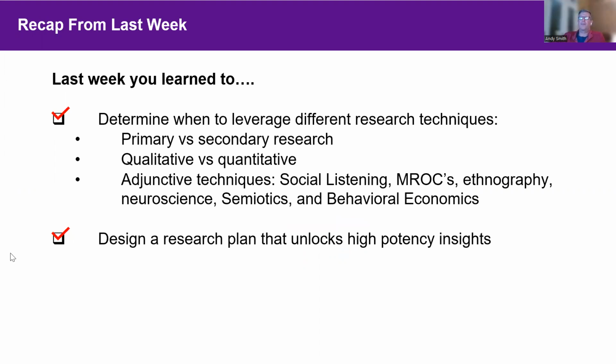So, a quick recap from last week: you learned about different methods available from a consumer research standpoint. Methods like qualitative have been around for eons, and some are very new, probably only around for a decade or so, such as neuroscience and behavioral economics, and you learned to design a research plan.